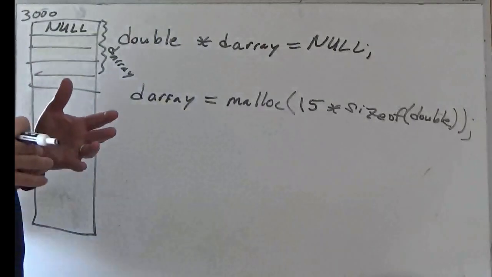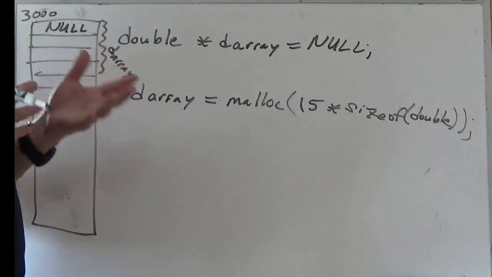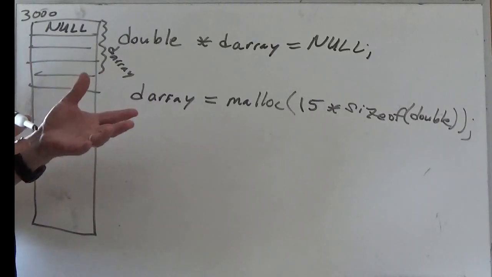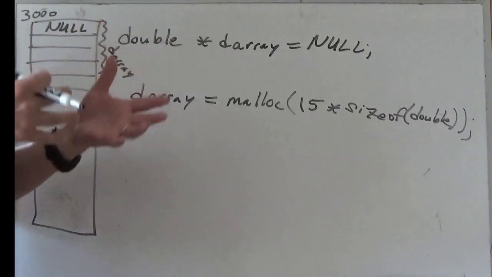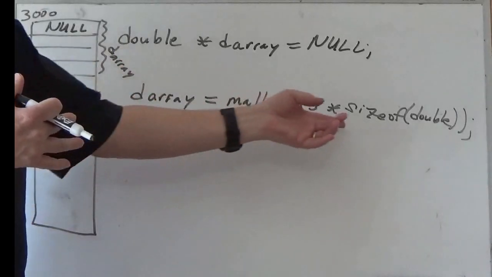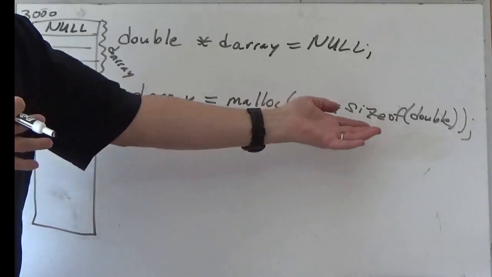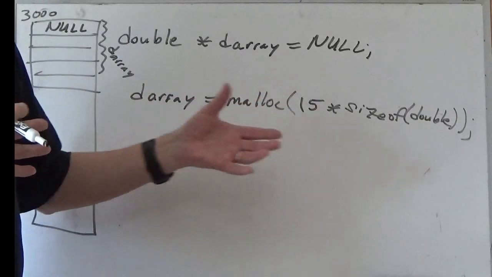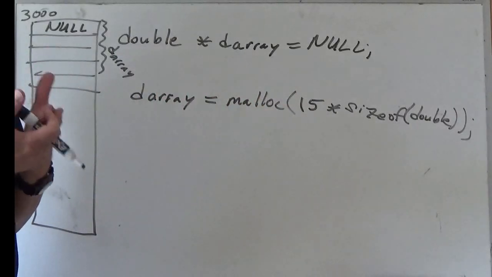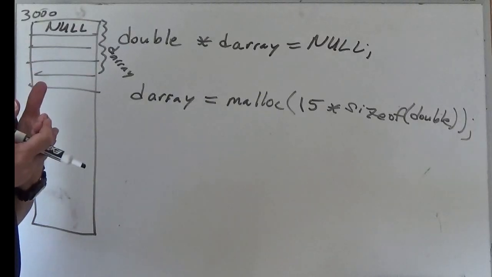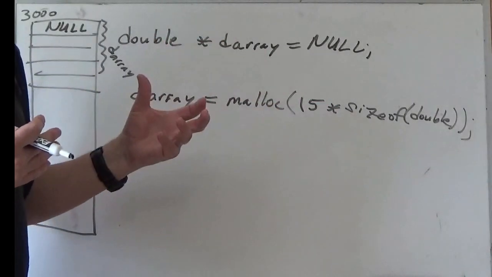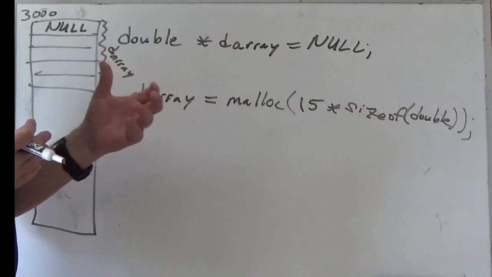That is going to cause the operating system to go to the heap and find a place of memory that's available that would fit this size. In this case, if we say a double is 4 bytes, then it's going to be 60 bytes. It's going to try to find a place in the heap of 60 bytes of contiguous memory, and then return the address of that particular area in the heap.